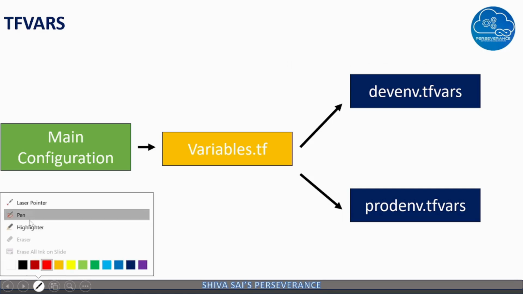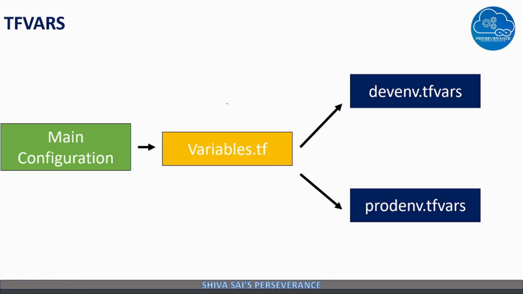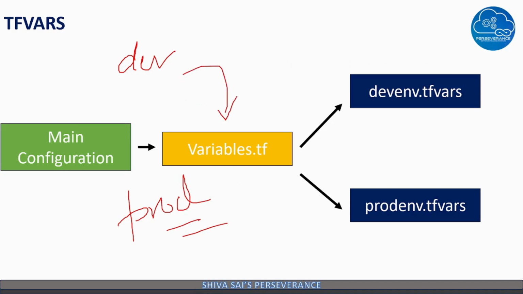For example, if I have two environments, dev and prod, I'll be having different values, right? If I hard code the values in the variables file, this variables.tf is a single file.